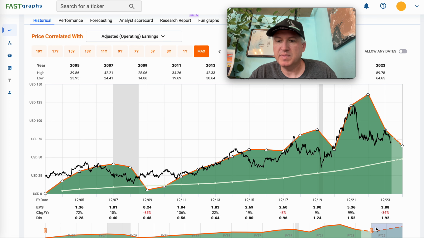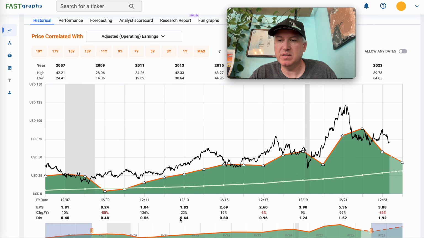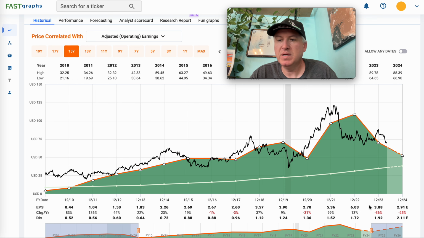Let me see if I can get them listed here. You have to shorten it to see each individual year. A little bit more. There we go. So $6 a share. You think 90% less than that would be under $1 per share. If earnings fall that much, then the stock price will likely fall as well.